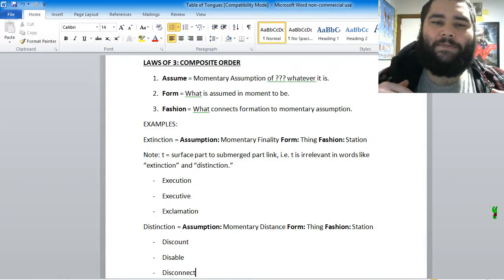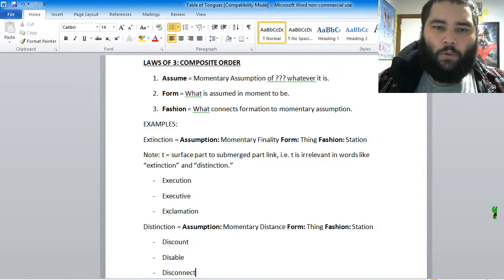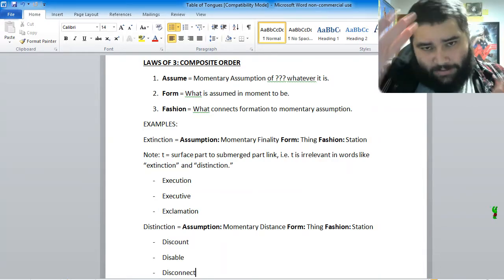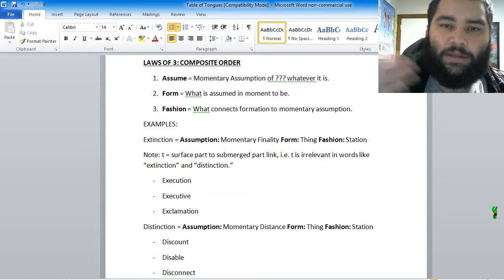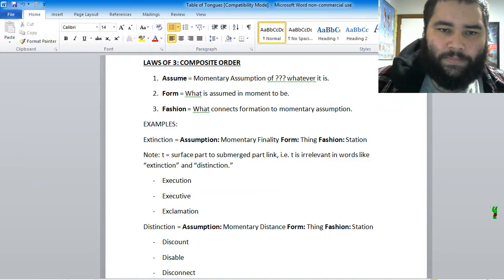This is fashioning the form and the assumption, framing it, so to speak. And so fashion is the third law.